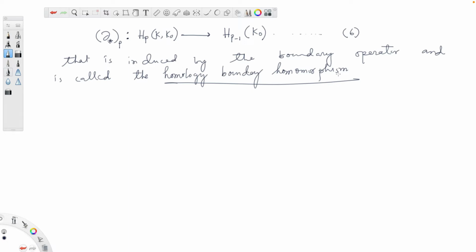Okay, so the construction of this homomorphism is as follows.